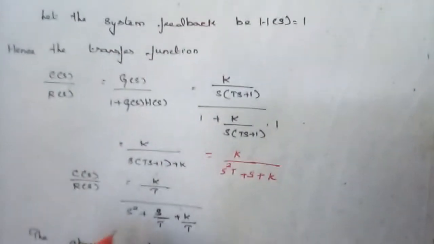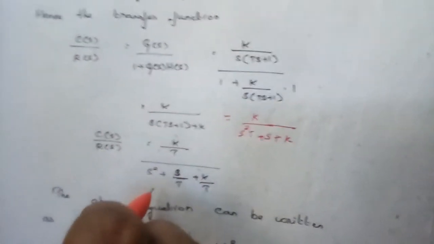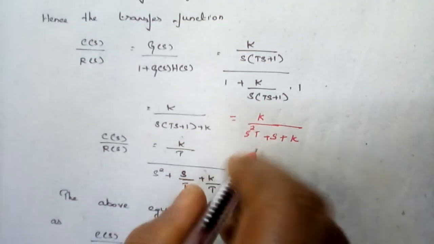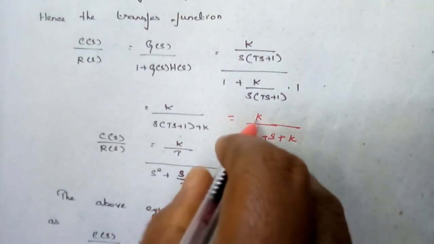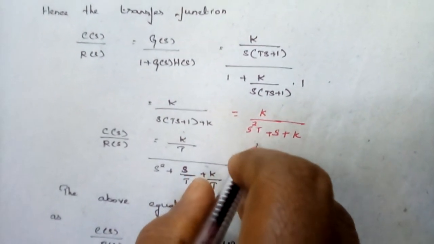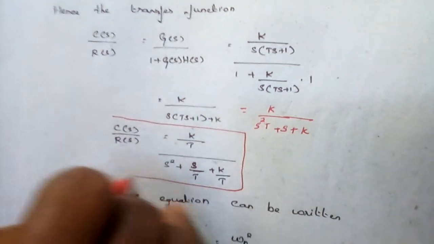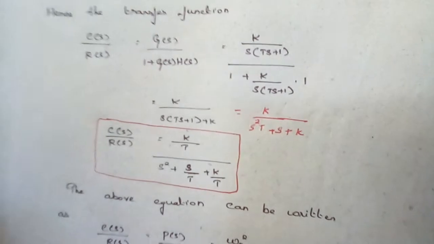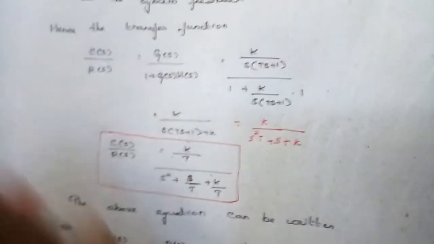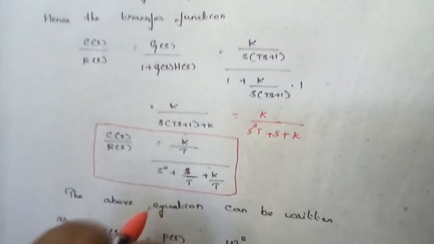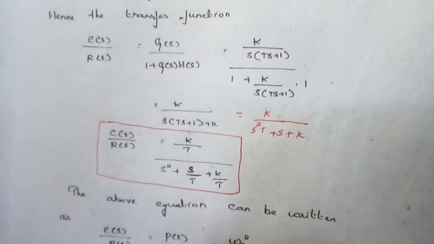So to have a second order equation in this format, I have divided the function, both numerator and denominator, by t and have the transfer function in this form. So this transfer function can be equivalent to that case.